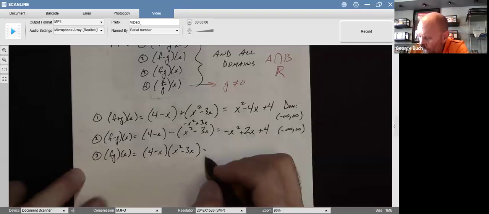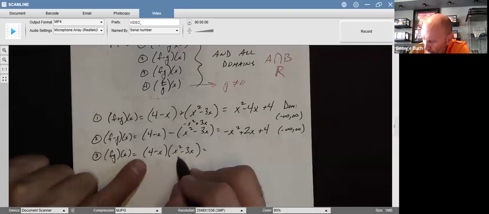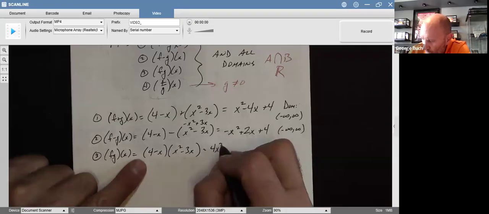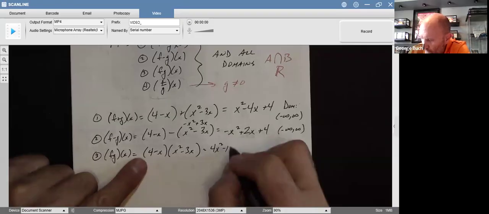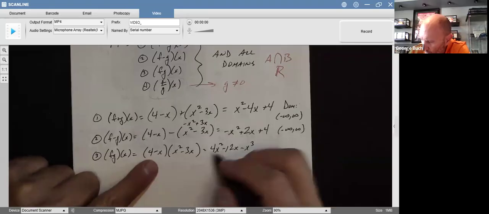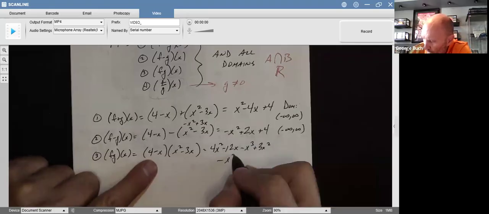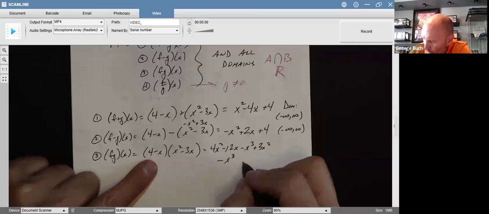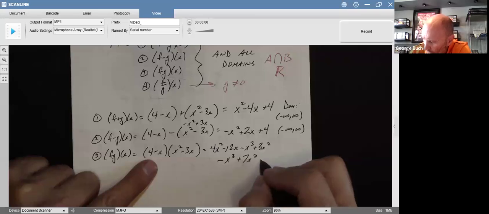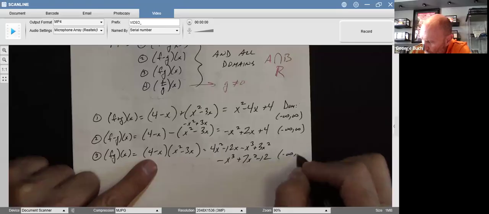So if I FOIL this, I get 4x squared minus 12x minus x to the third plus 3x squared. So I get negative x to the third plus 7x squared minus 12x. And again, the domain for this one is negative infinity to infinity.